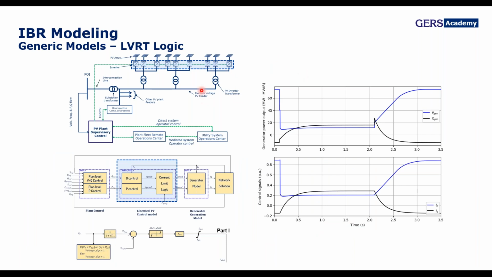If we want to see some responses produced during a fault, what we will perceive is that we initially are providing some active and reactive power. The blue line shows the active power, the black line shows the reactive power.